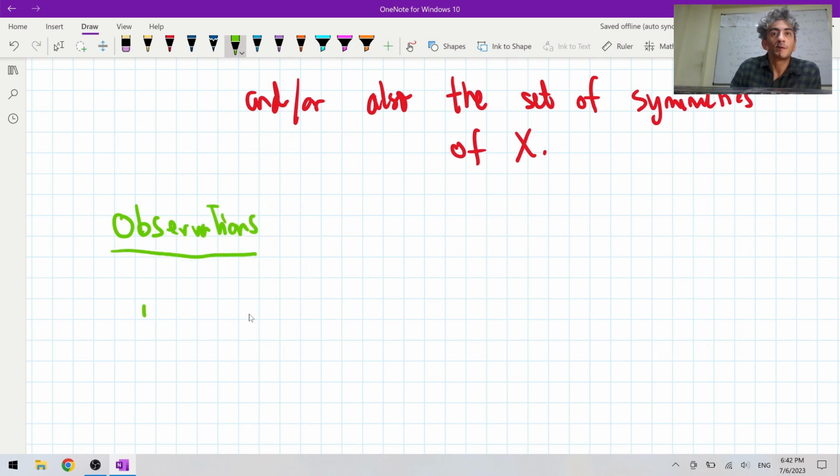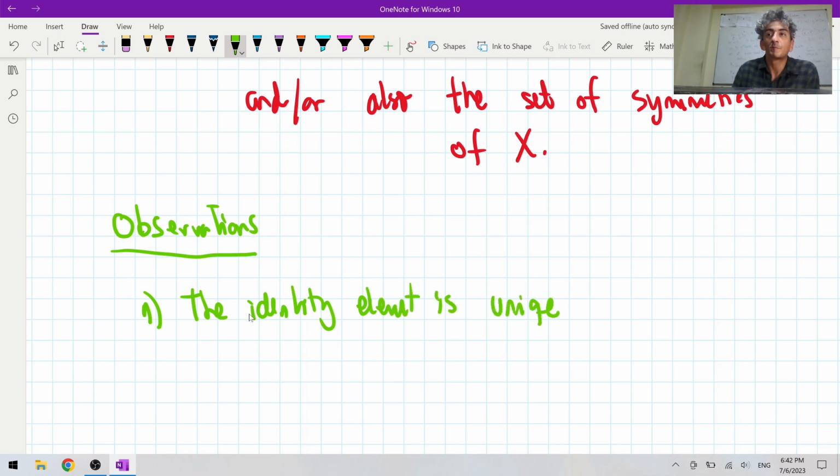First of all, the identity element is unique. There's only one element that can act as an identity.